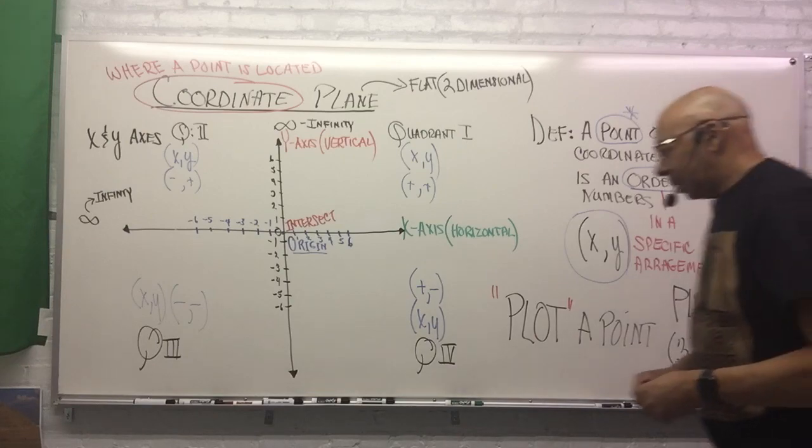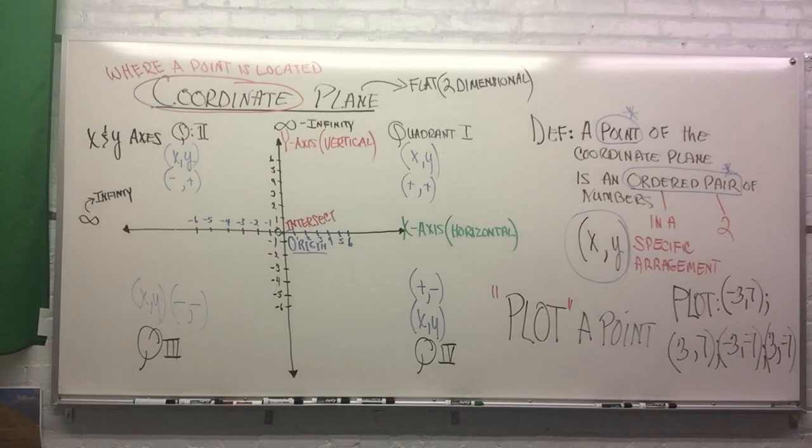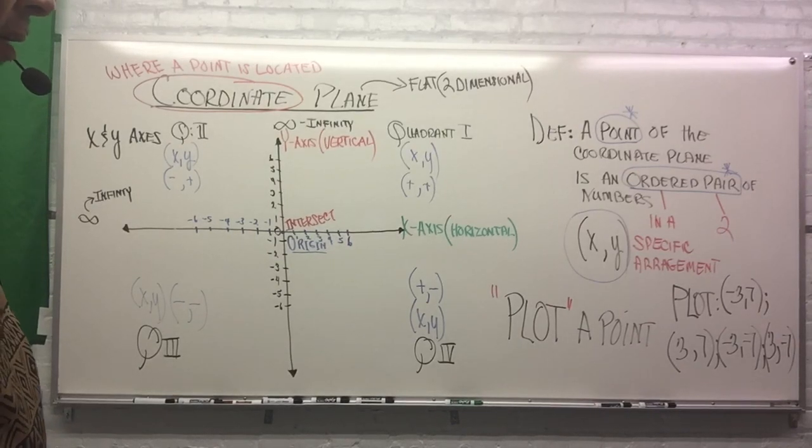If you can see that, if you can't, you'll have to stop the tape and see it clearly. But it says plot negative 3, 7, that's 1 point. 3, 7, that's a second point. Negative 3, negative 7, that's a third point. And 3, negative 7 is the fourth point.